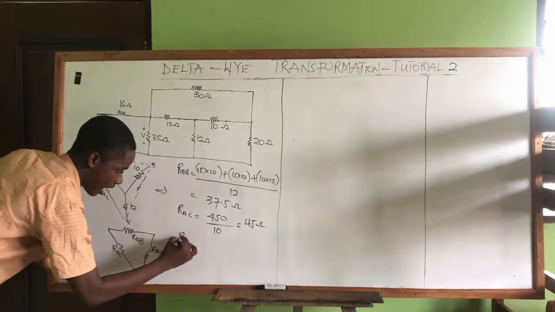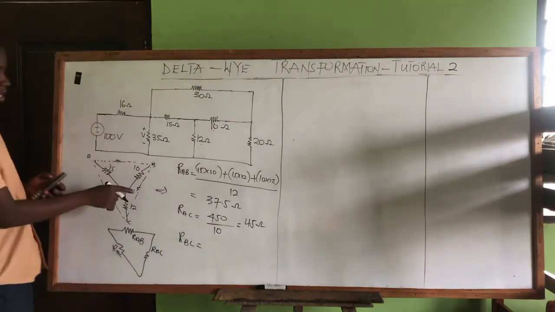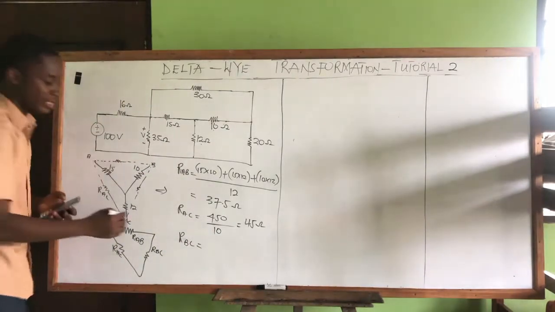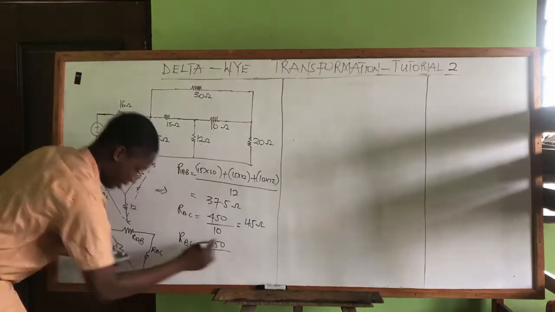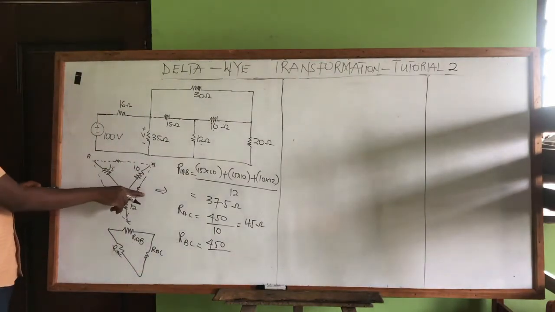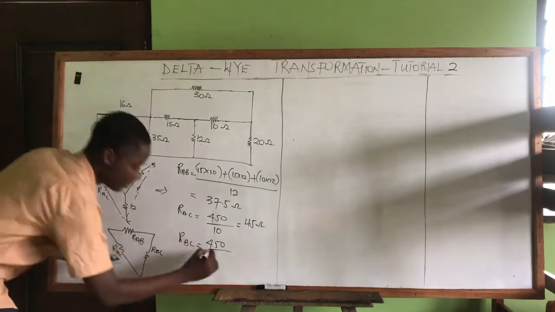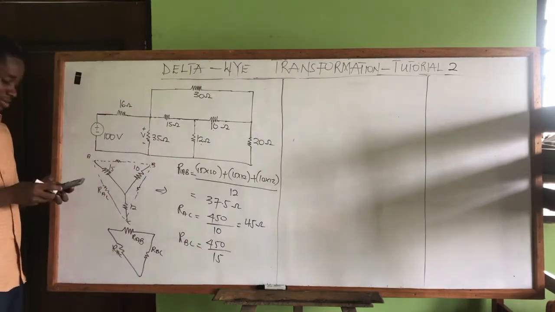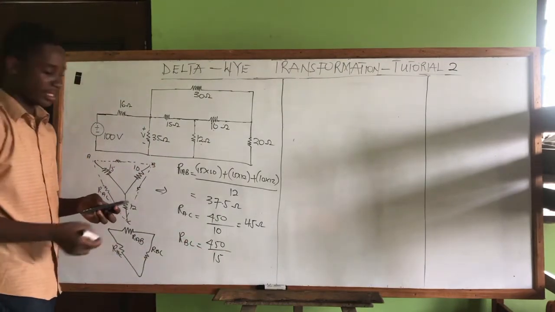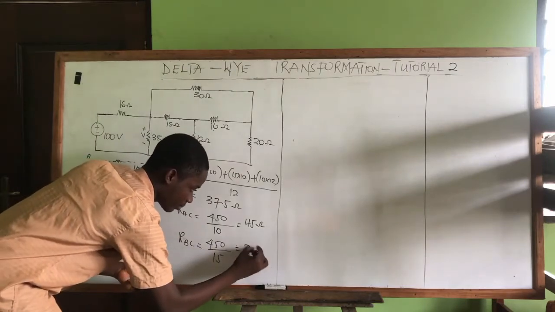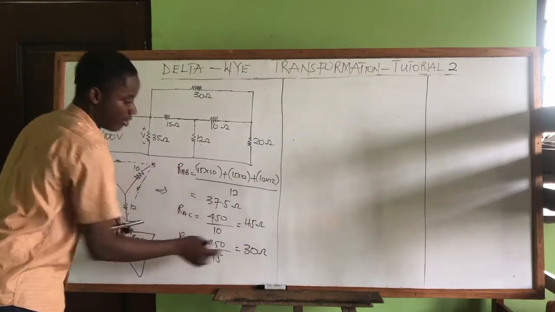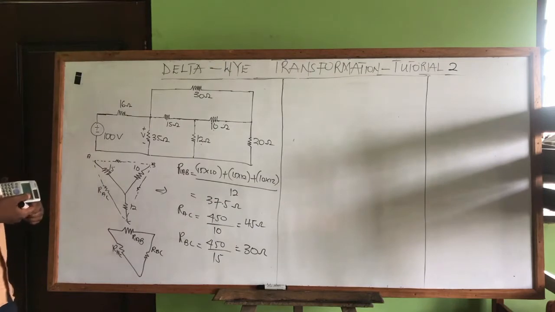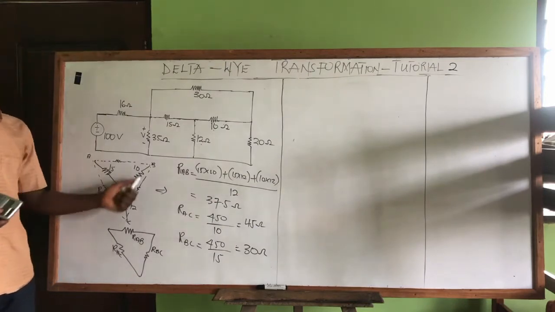Now it's left with RBC. The numerator is the same, 450, divided by 15, and this one gives us 30 ohms. So these values are the delta values of this Y network.